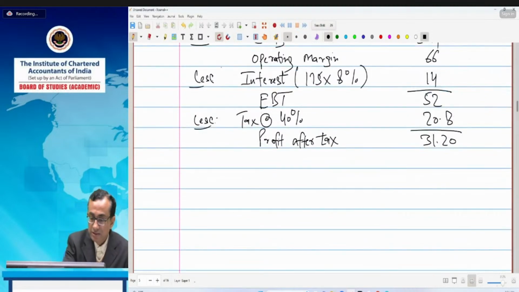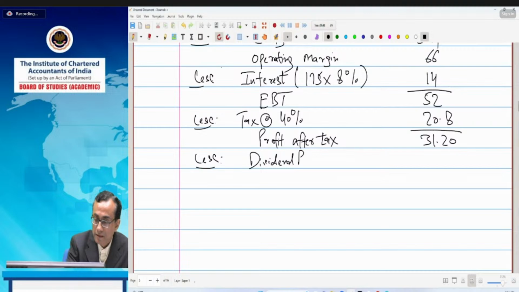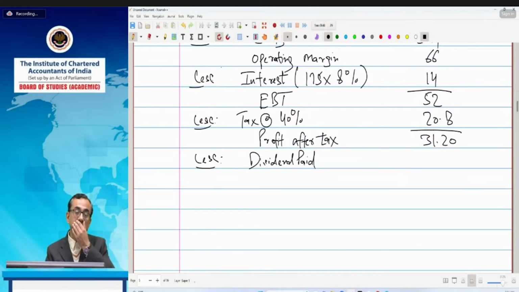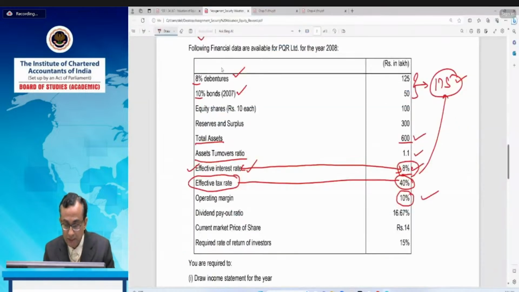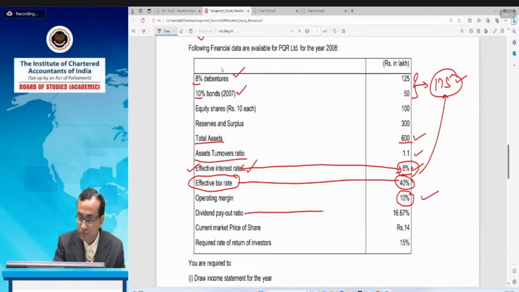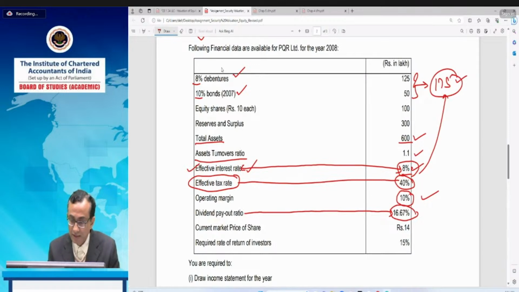From this, we will deduct dividend paid. While calculating dividend paid, again, important information is given in the question. Let us see regarding dividend. It is given that dividend payout ratio is 16.67%. So what it means? It means retention is 83.33%.